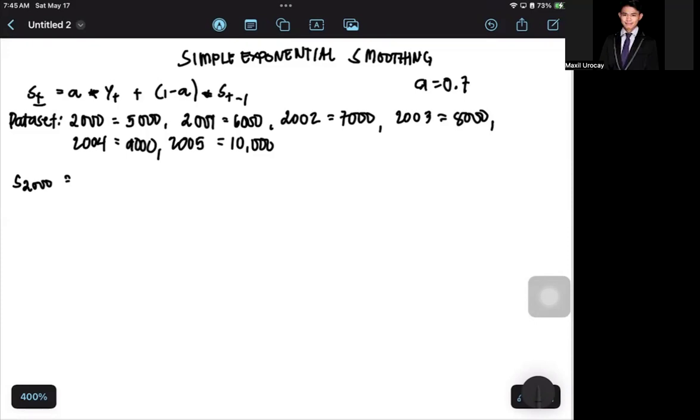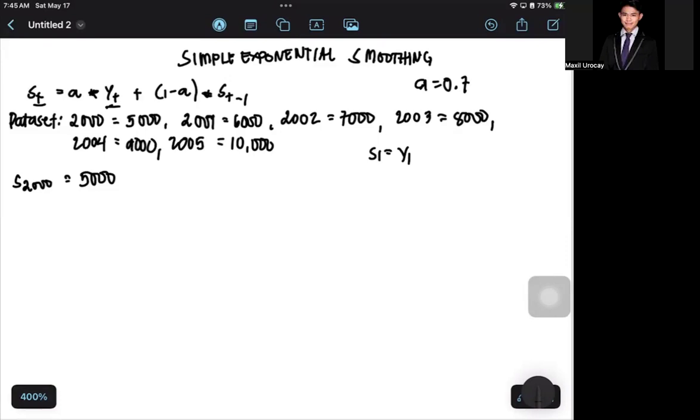So your S1 right now is for 2000, and that is 5000, because it is given that S1 must equate to Y1. When we say Y_t, that is your data set. The year 2000 has 5000, so the score of your S2000 is equal to 5000. That's how you deal with simple exponential smoothing: S1 must equate to Y1.